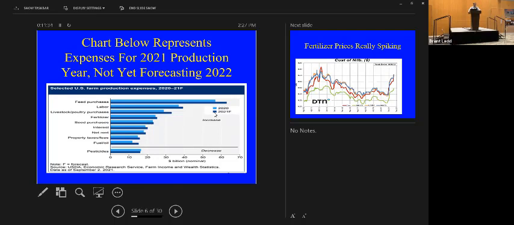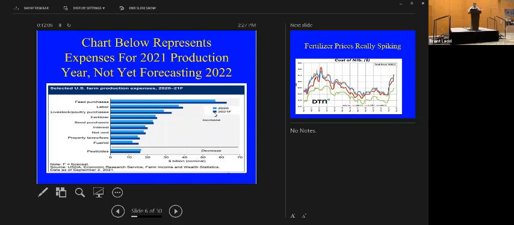The one that doesn't tell the whole story that is on this particular graph is that one that says fertilizer. A very, very small bump for projected fertilizer expenses 2021 relative to 2020, but wait till the graph comes out for 2022. That one is just going to be really dramatic, really astronomical as we move from 2021 into 2022.